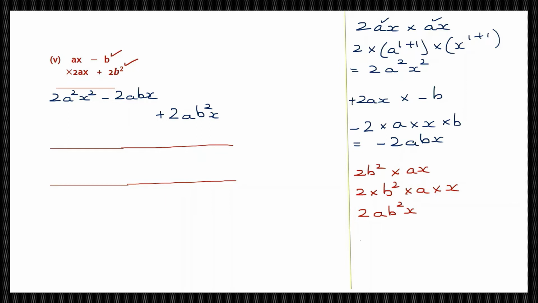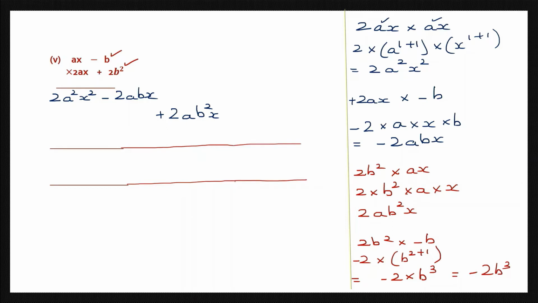Now I'm going to multiply 2b square into minus b. So let's do that. 2b square into minus b. So 2 into, now I have b square plus 1. Okay, so here minus into plus is minus. So now I have minus 2 into b to the power of 2 plus 1, which is minus 2 into b to the power of 3, minus 2b cubed.